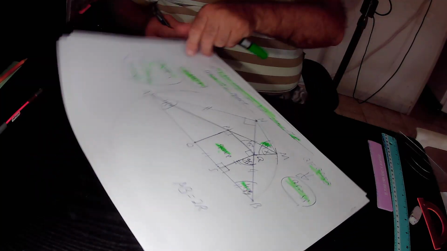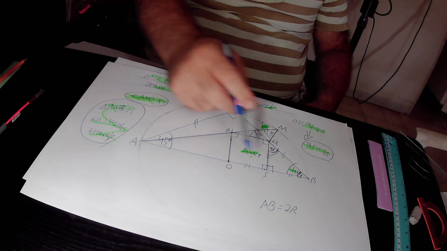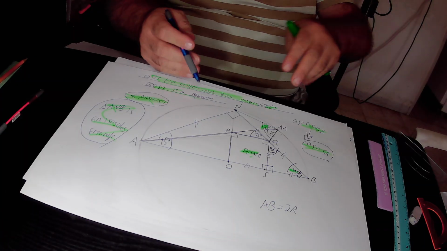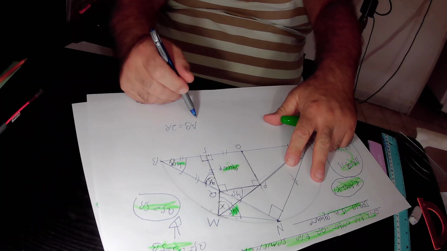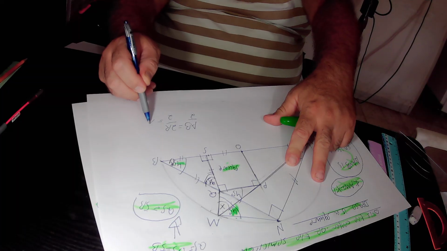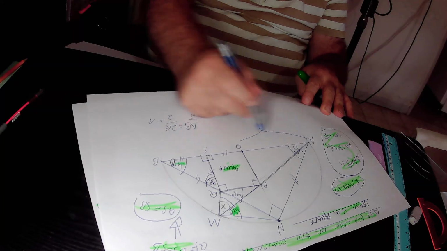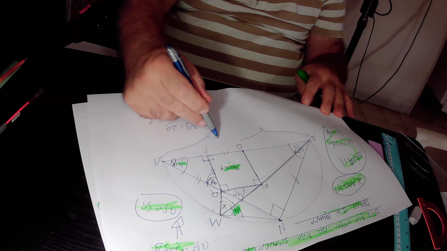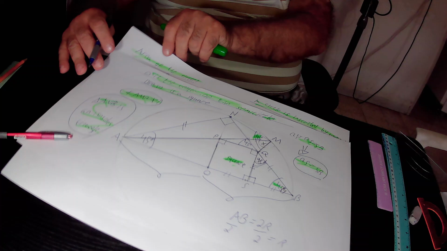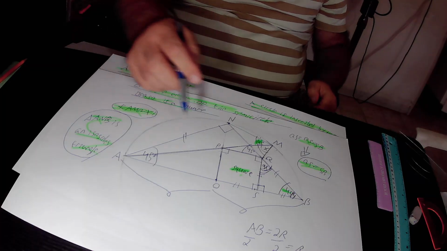So according to rule 24, the perpendicular from point N to the base AB bisects the base AB. That is to say, it divides the base AB into two halves. Each half must be equal to AB over 2. AB over 2 is 2R over 2, that is R. So the first half is R and the second half is also R. The perpendicular from point N to the base of the isosceles triangle ANB bisects the base AB.